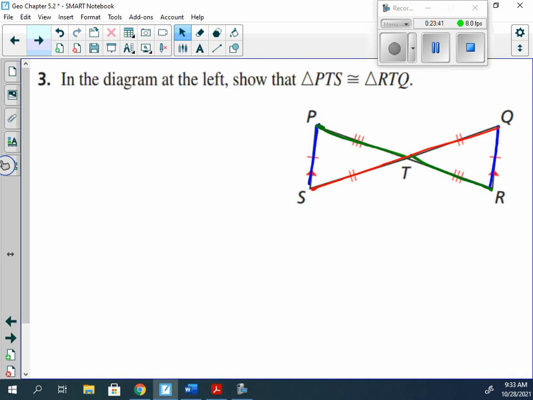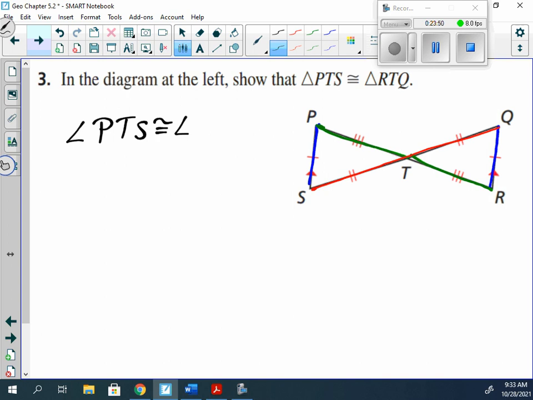Now, angle PTS is congruent to angle QTR. Why can we say that? Why can we say that those two angles are congruent?